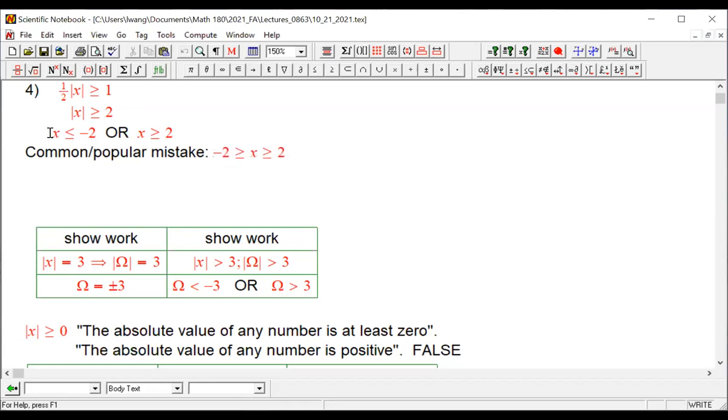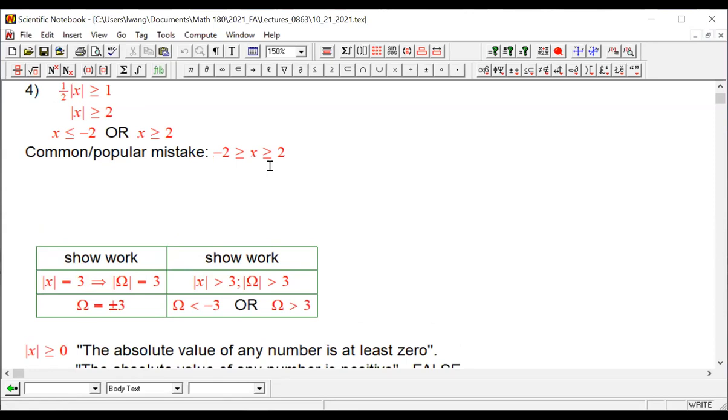Okay, can this statement be written as this statement? No. And I already told you that's a very common mistake. The answer is absolutely not. The question is why, what it means, right? We were talking about the grammar of mathematics.